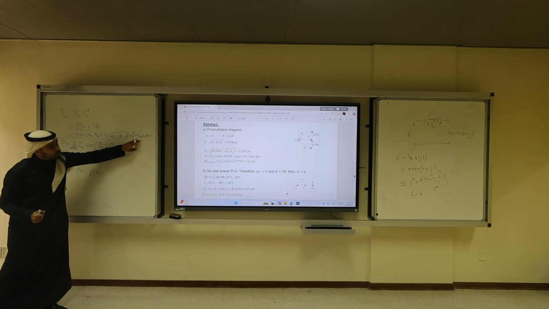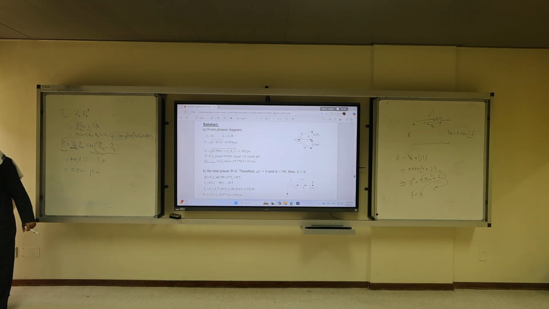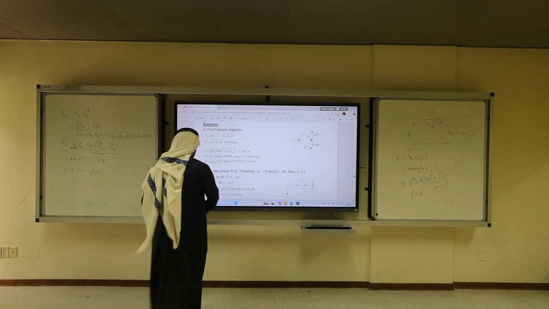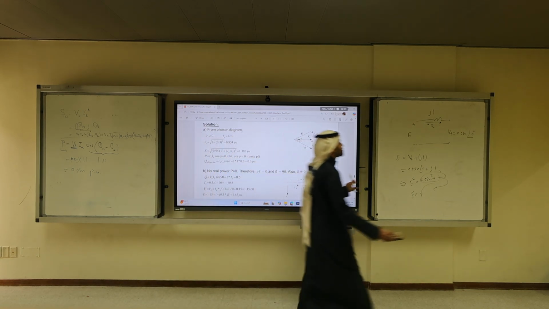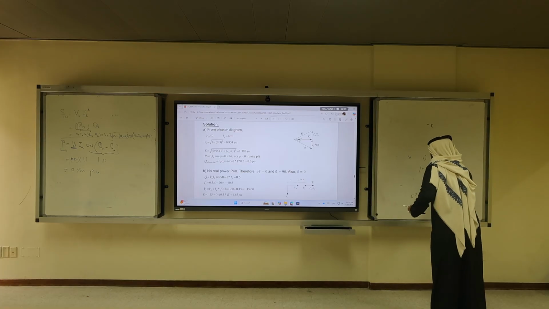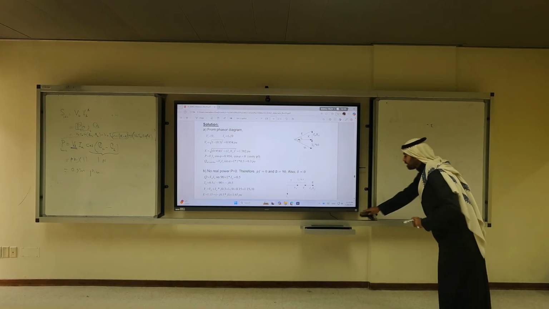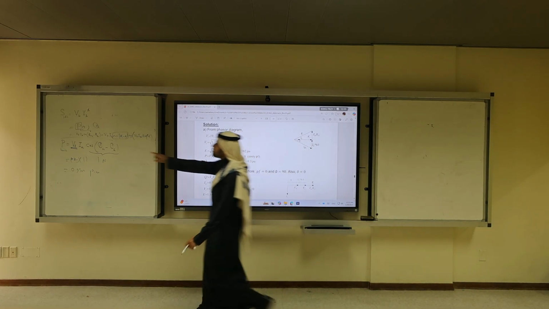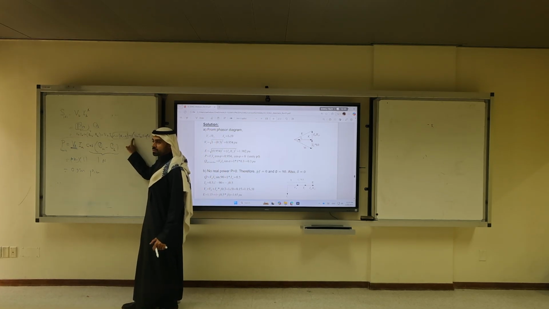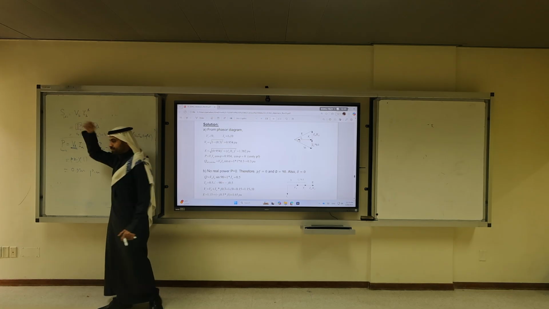But for the Q, I have to calculate alpha. And how to calculate alpha? We have to use basic trigonometry. And keep in mind why we did not multiply by 3. Because it's in per unit. Clear? There is no 3 in per unit.